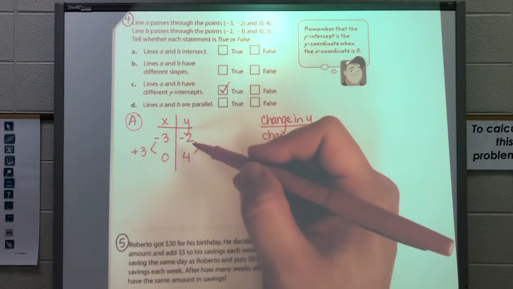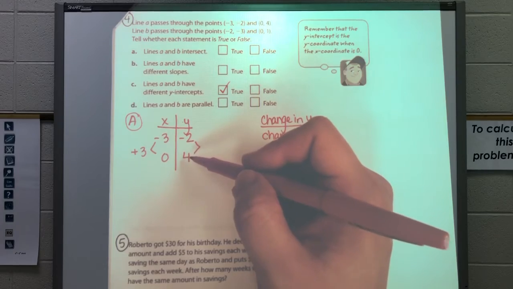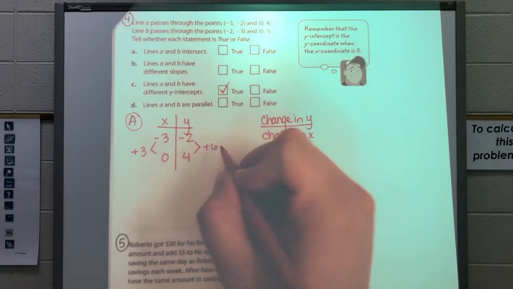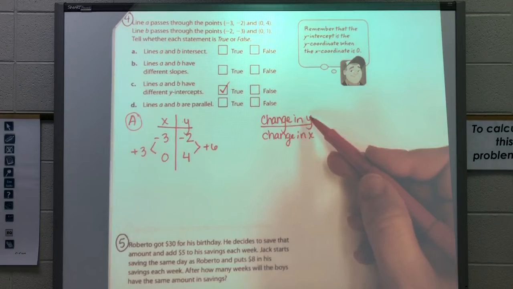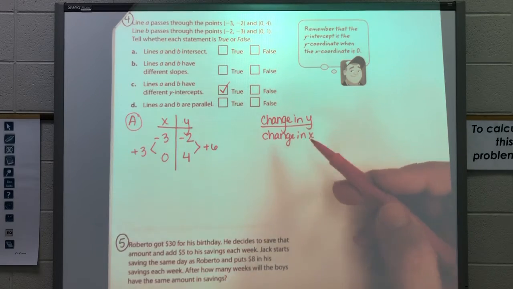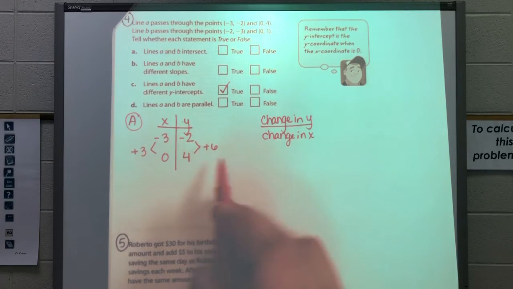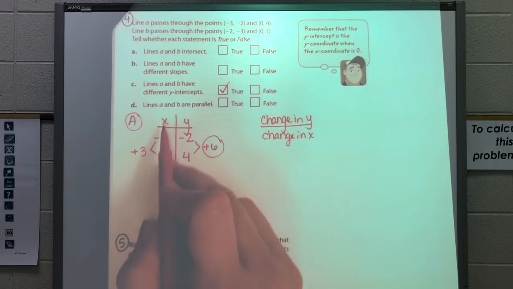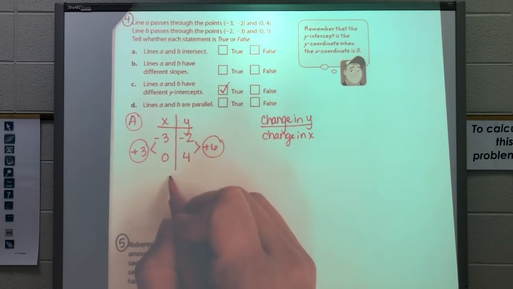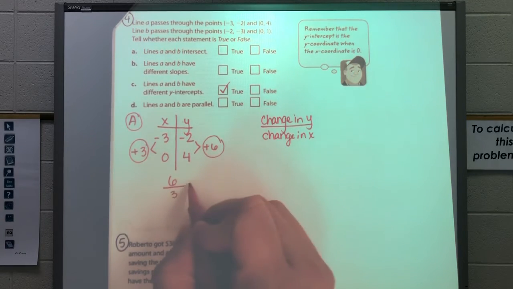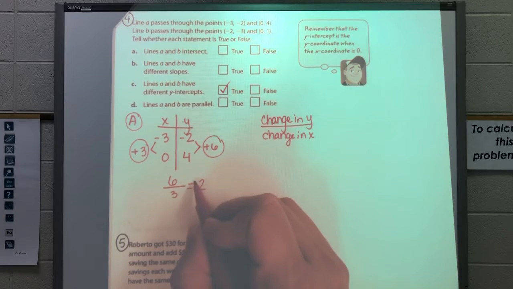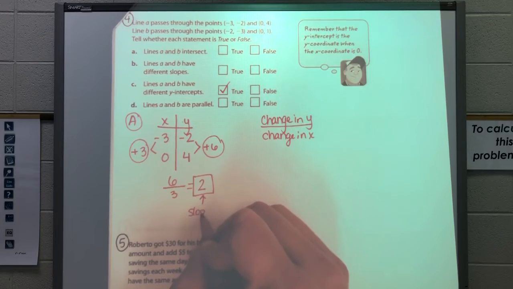How do I get from -2 to 4? I have to add 6. And we do change in y divided by change in x. So how does my y change? 6. How does my x change? 3. So that's going to be 6 over 3, which is 2. That is my slope.